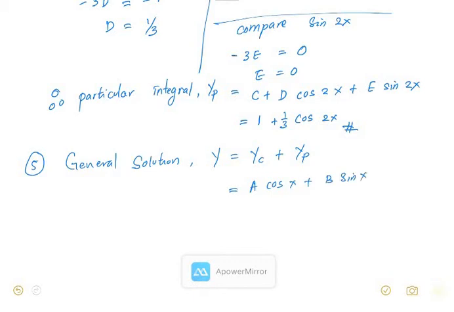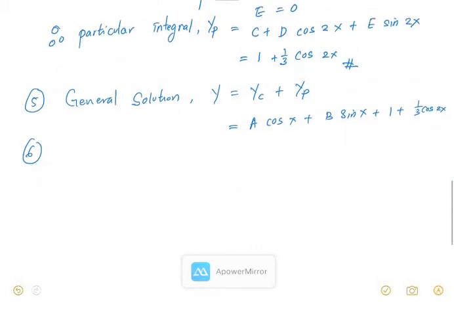And then yp is plus 1 over 3 cos 2x. Now the question requests you to find the value of a and b by giving you an initial condition. So the initial condition is when x equal to 0, y equal to 2, and when x equal to 0, y prime equal to 1.